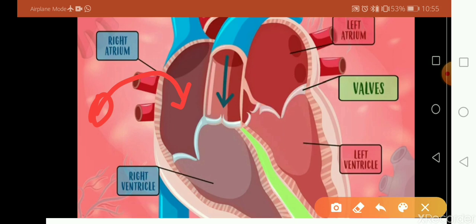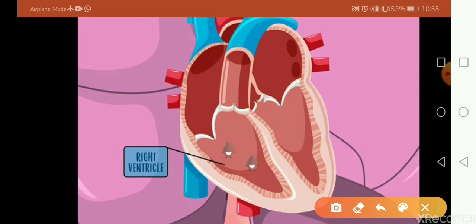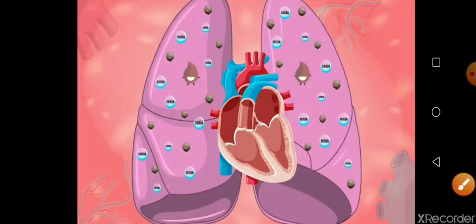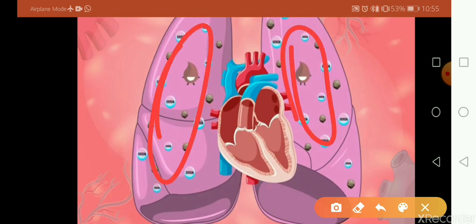Then through this valve it enters into the right ventricle. From the right ventricle, this blood goes into the lungs with the help of veins.